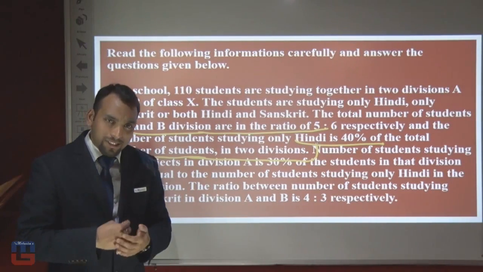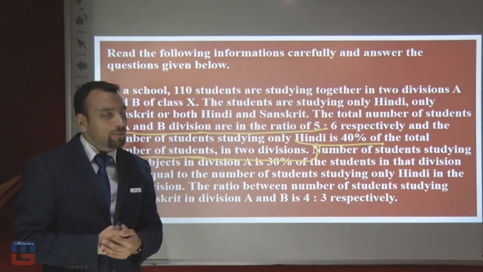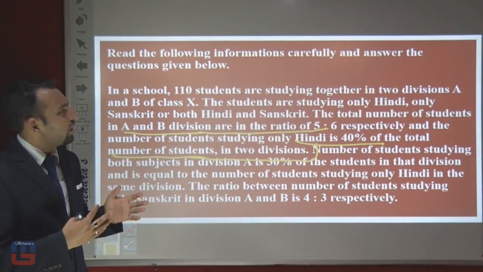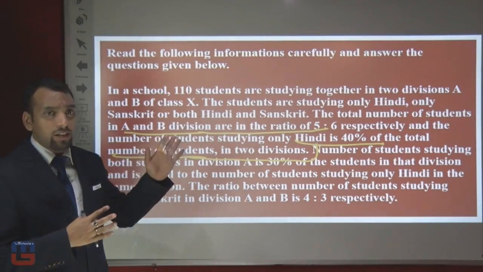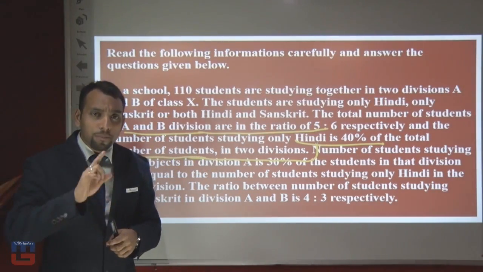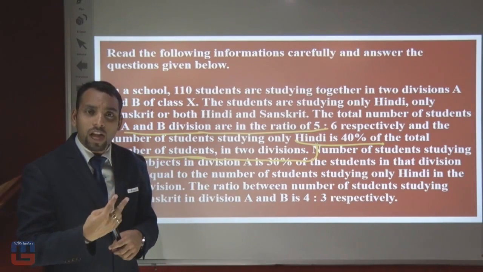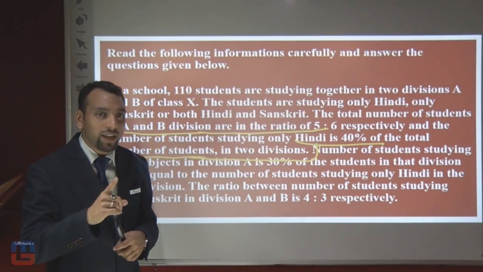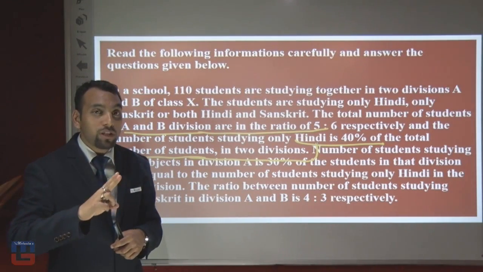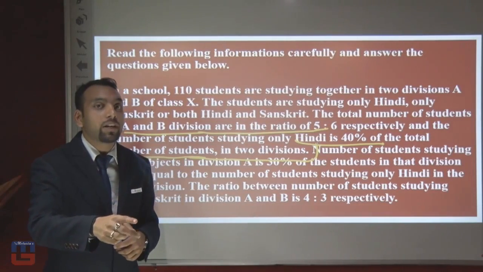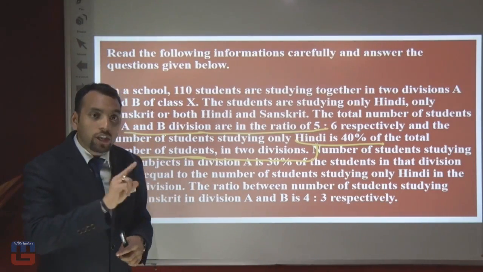Now basically the first thing that comes to our mind is that we can calculate this DI with a Venn diagram, but we have two divisions, A and B, which means we have two separate Venn diagrams, for division A and division B.